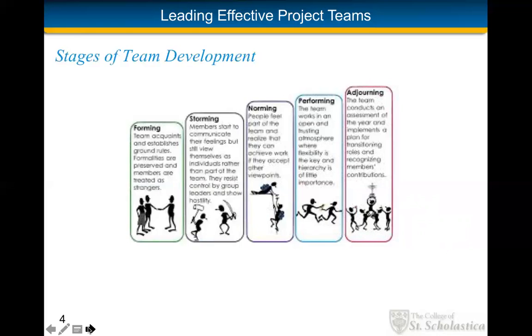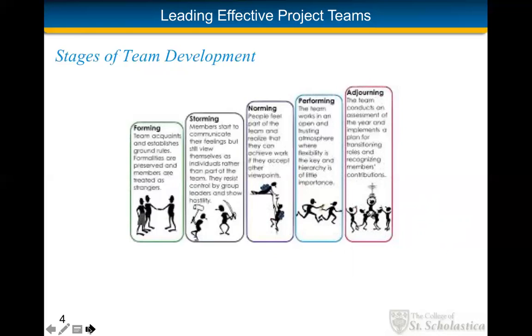The storming stage is characterized by confusion related to task assignments. Conflict should be carefully managed during this stage. The norming stage is marked by cooperation and collaboration. Roles become clear and accepted during this stage.